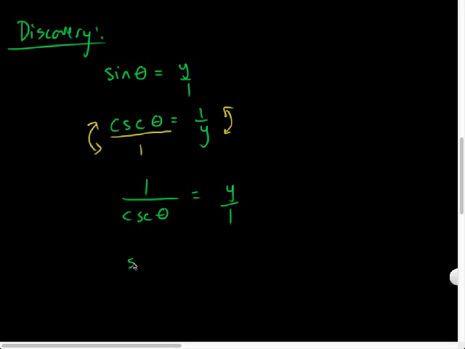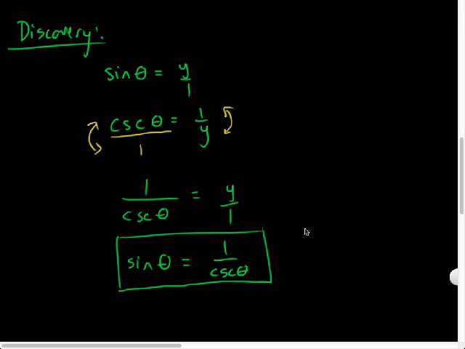I just realized that sine of theta is equal to 1 over the cosecant of theta. Aha. And this is true for all values of theta. And oftentimes a lot of mathematics is pushed forward and discovered in this sort of way, where we merge together facts that are already proven true and discover new things that are also true. Okay? So this is a trigonometric identity.